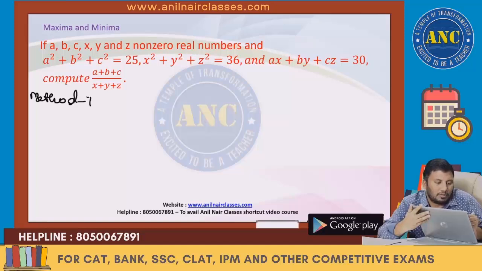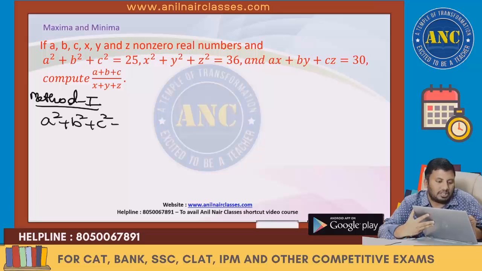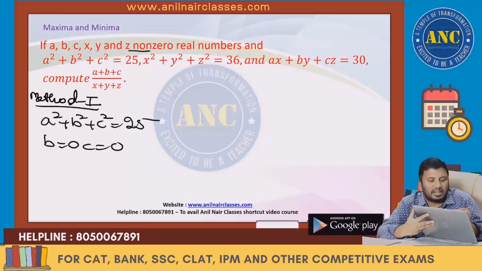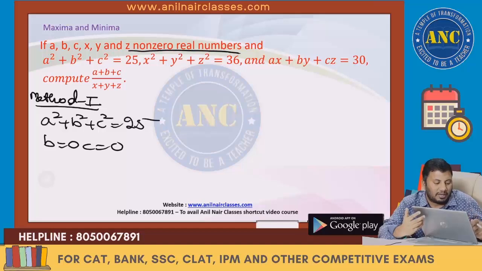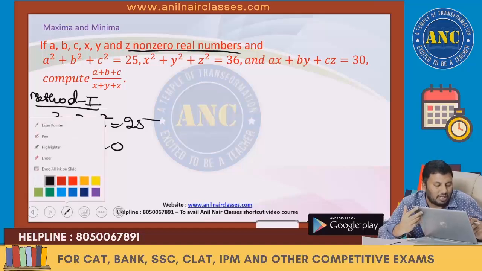Just by looking at the question itself, I can say that A square plus B square plus C square is 25. If I put B 0, C 0, but it is given that they are non-zero real numbers. So we cannot put B 0, C 0.